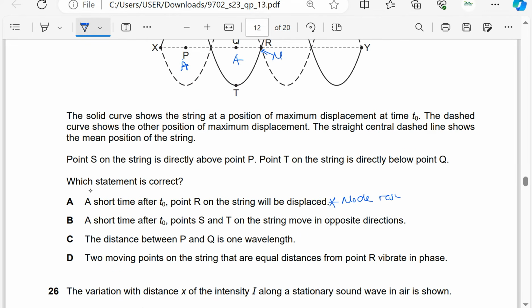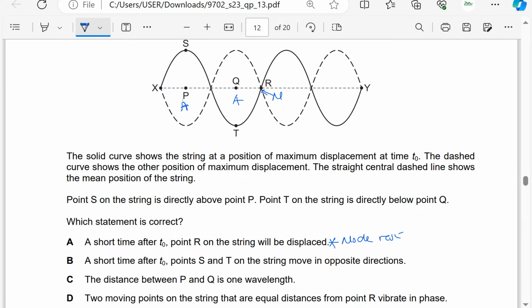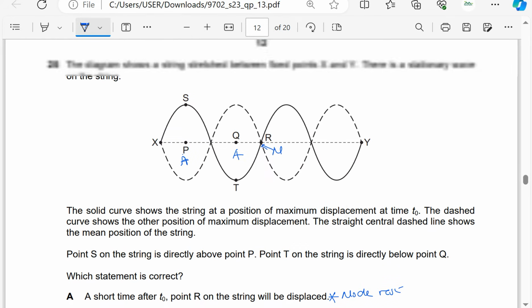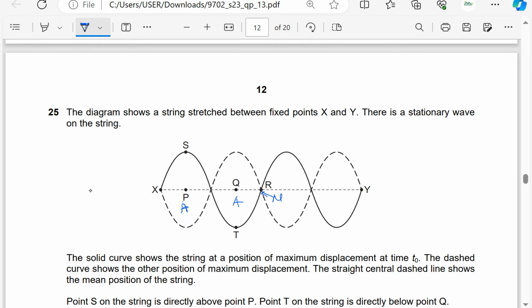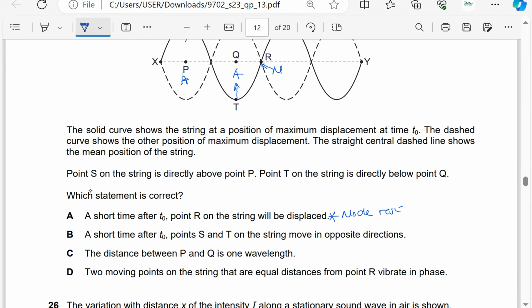A short time after T naught, points S and T on the string move in opposite directions. Of course, S has reached maximum displacement, so it is now going to be vibrating downwards after a short time. T has reached maximum displacement, and is going to be vibrating in the opposite direction. So S and T are moving in opposite directions. That is very true.